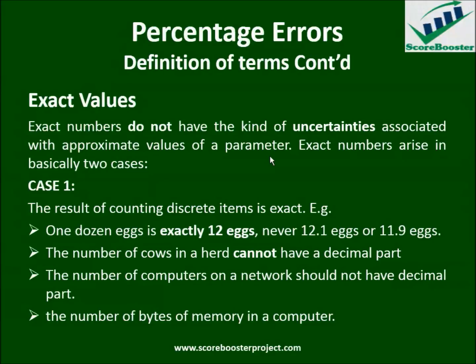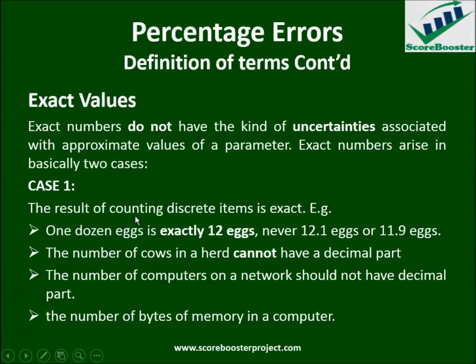There is no error involved in determining their value, because they are not approximate, but rather they are exact values. So these exact values basically occur in two different cases.